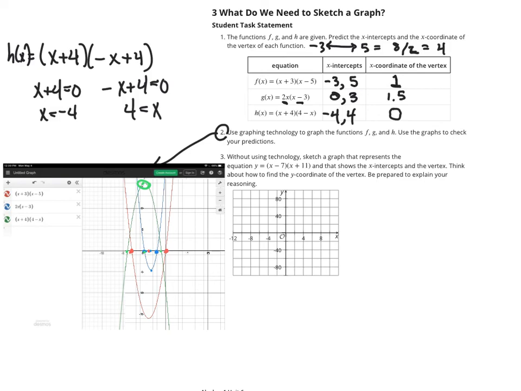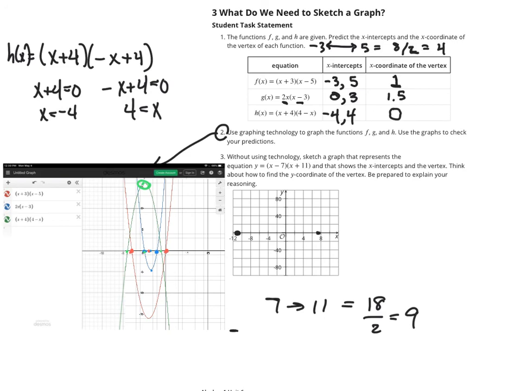without using technology, sketch a graph that represents this equation. So I'm going to have an x-intercept of positive 7, somewhere around there, and negative 11, somewhere around there. The distance from negative 11 to 7 is 18, divided by 2 is 9. Now how can I figure out where that point is?